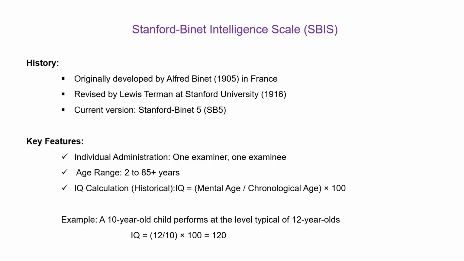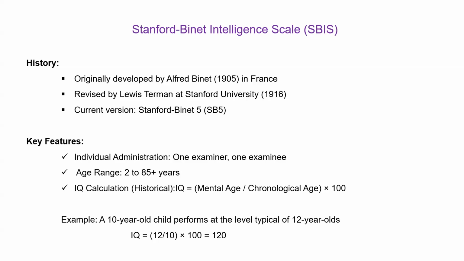Then IQ calculation. IQ historically means mental age divided by chronological age, into 100. For example, a 10-year-old child performs at the level typical of 12-year-olds.